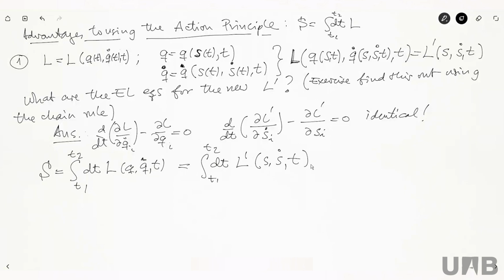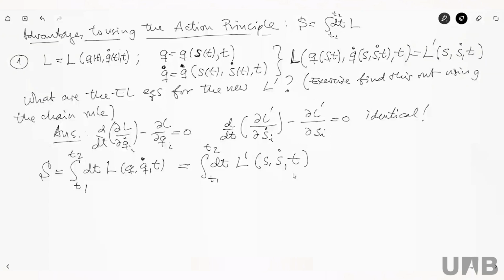And that's the answer. So it's as simple as this. There is nothing in the action principle that tells you that you have to use a certain type of variables. So if you're given a Lagrangian in terms of some variables s, then you just write it down like this. And this is what the answer is.